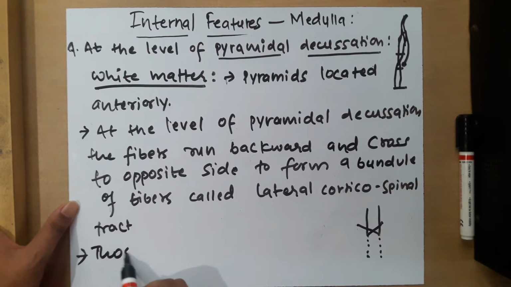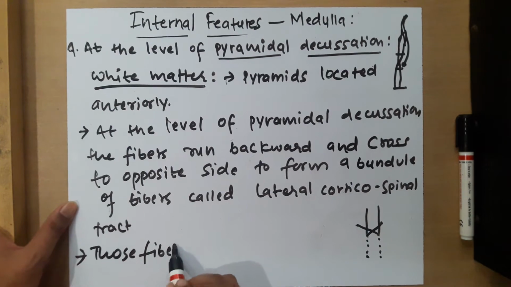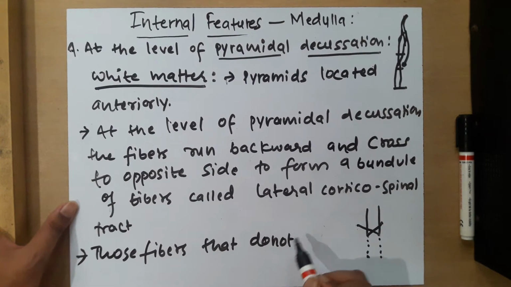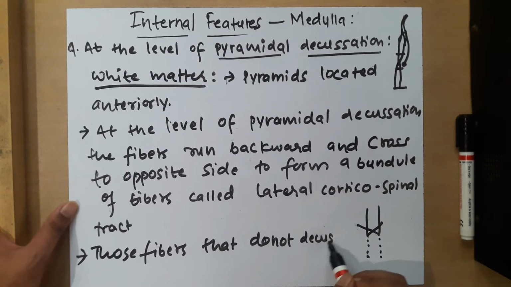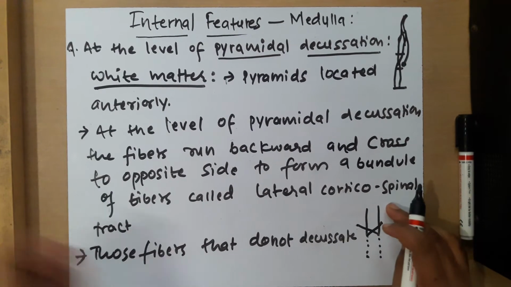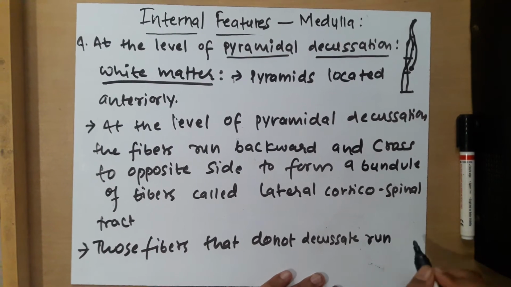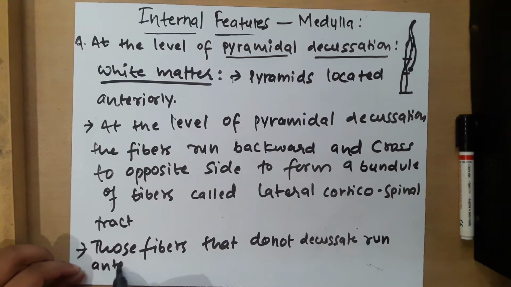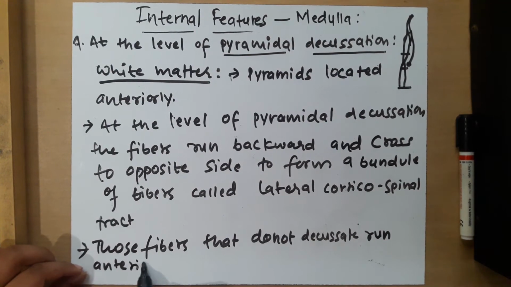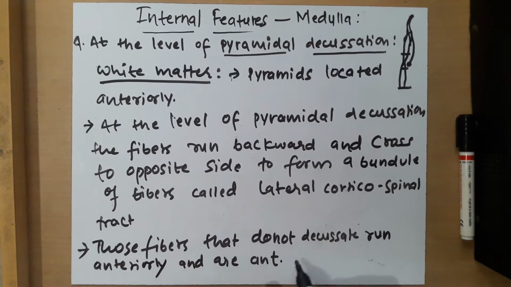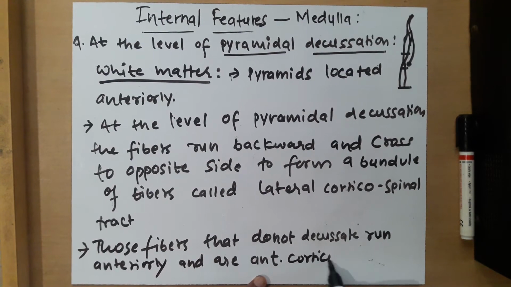So those fibers that do not decussate run anteriorly and are the anterior corticospinal tract.